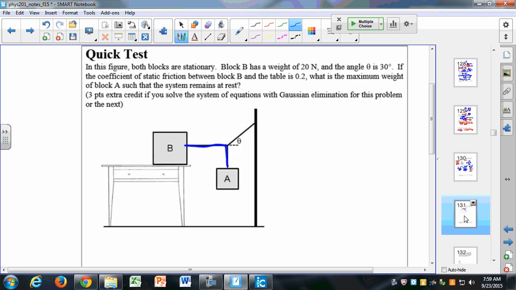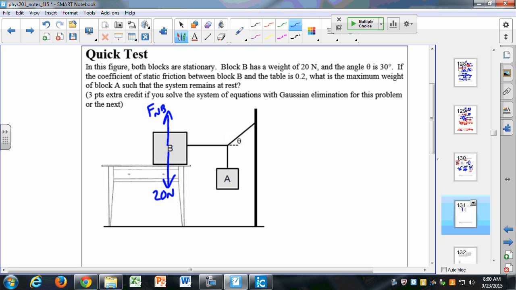Oh, and this is all static. So it's not moving at all, so we can assume that the angle remains constant. I can start labeling my forces. Block B has a weight of 20 newtons. I know that it also has a normal force. I'll call this FNB.